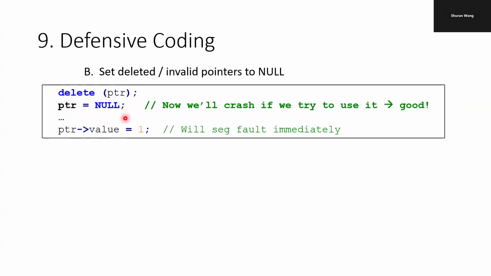Because if your code accidentally uses the pointer later, if you don't set it to null, your program will behave weirdly and it's a very hard to debug bug. If you set the pointer to null, whenever you access the pointer later, it will segfault immediately. So it won't enter the next stage of your program and make it worse.